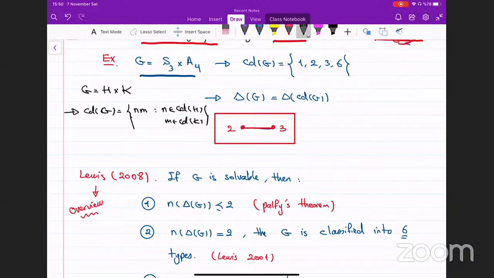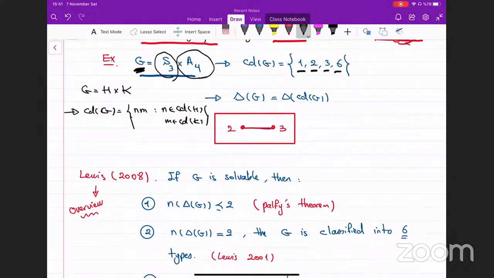So if you know CD(S3) and CD(A4), then you can take the product of these two. It gives you 1, 2, 3, and the product of 2 and 3, which is 6. So it will be exactly CD(G), where G is the direct product of S3 and A4.